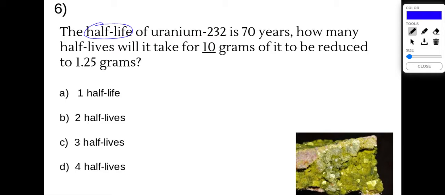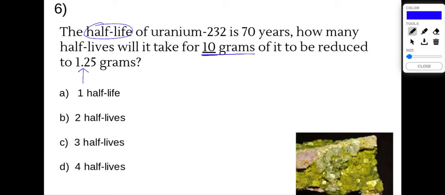How many half-lives will it take for 10 grams of it to be reduced down to 1.25 grams? Ooh, we're being asked now for the time periods. Little different. It tells us we have 10 grams. So this is our starting amount. It's got half-lives, and we're wondering how long it's going to take to be reduced down to this much left.